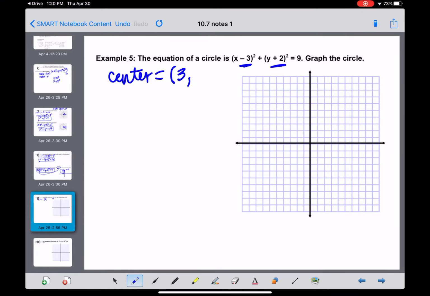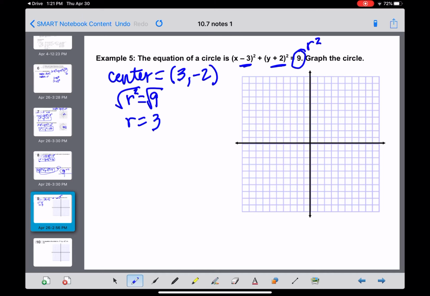And then this one, to get a +2, it had to be a -2. So it's always opposite what you think it might be. And then the r squared is 9, so to find the radius, that would be 3. 3 squared is 9. So be careful with that, because that value is r squared.